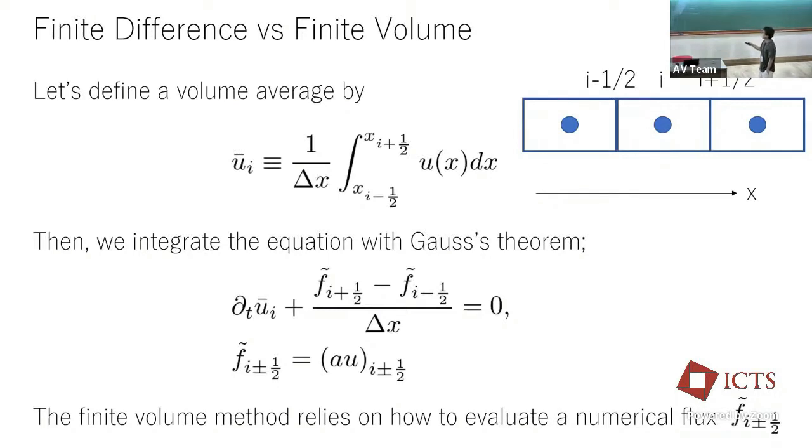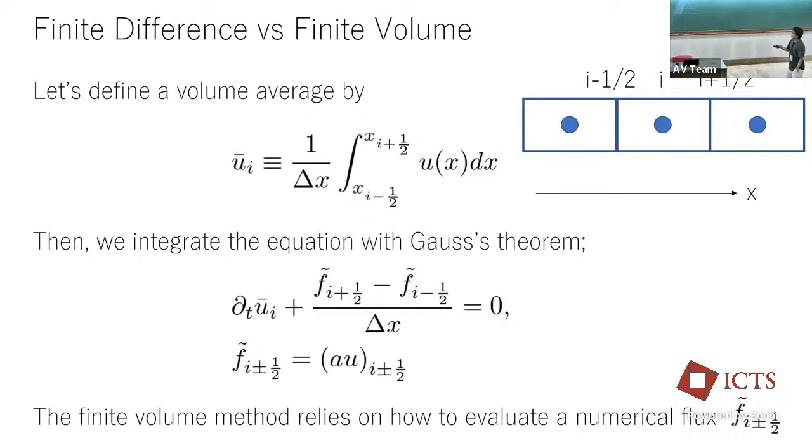Here the filled circle is a representative grid point. But this grid point consists of a cell, right? And between two cells, you have a cell interface, which is denoted by i-1/2, i+1/2. i is a grid index in the spatial direction.